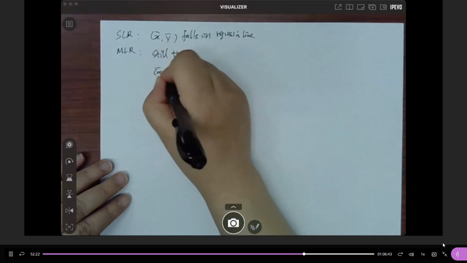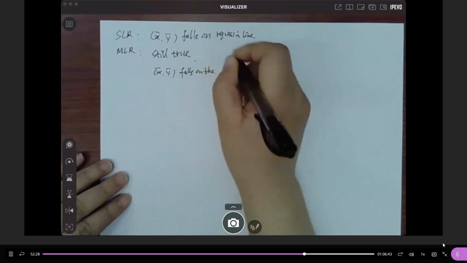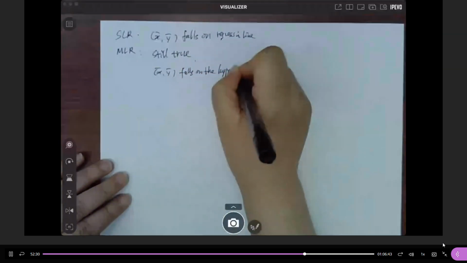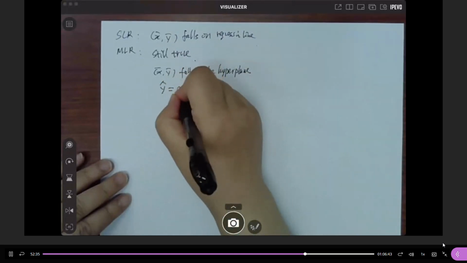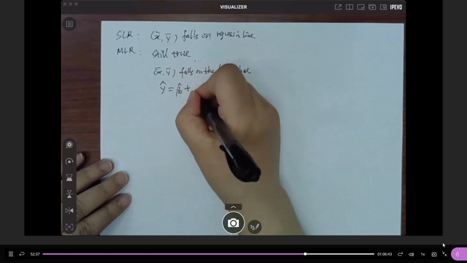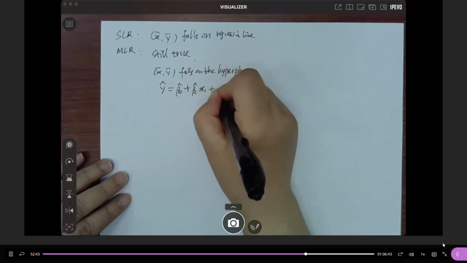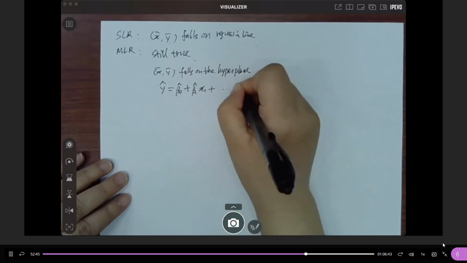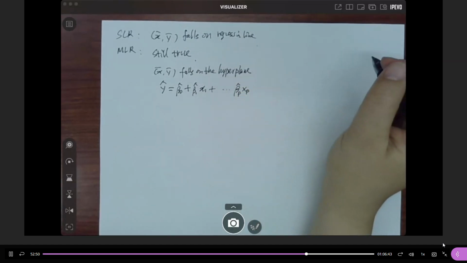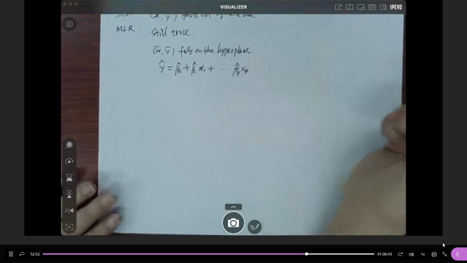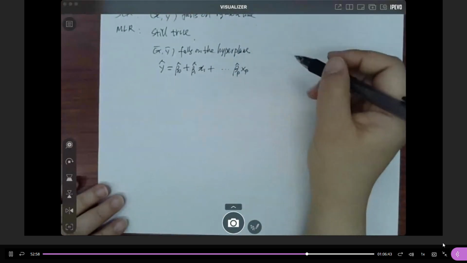So basically it means x bar, y bar exactly falls on the hyperplane called y hat equal to beta 0 hat plus beta 1 hat x1 plus all the way to beta p hat xp. It's a hyperplane, okay? So this one still falls on that.